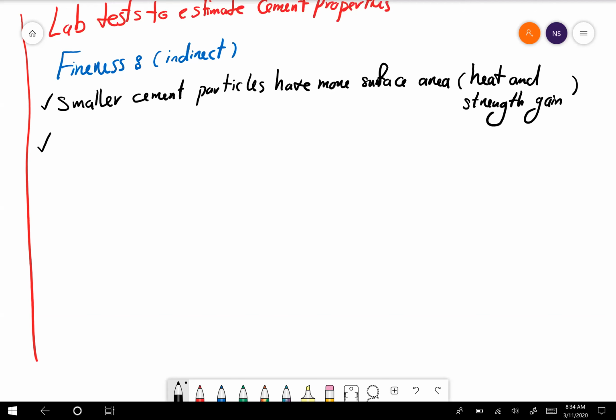But how fine is good? We don't want too fine particles, because if we have too fine, we need to definitely spend more budget on the production. We need more advanced equipment to produce that much fineness, so it's going to be more expensive.